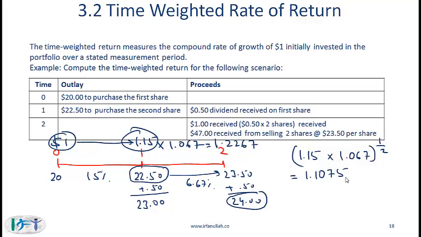This means that each period, on average, the rate of return is 0.1075, which is the same as 10.75%.